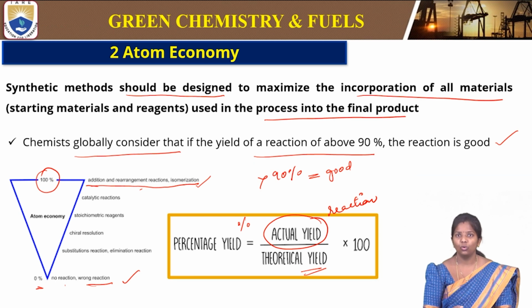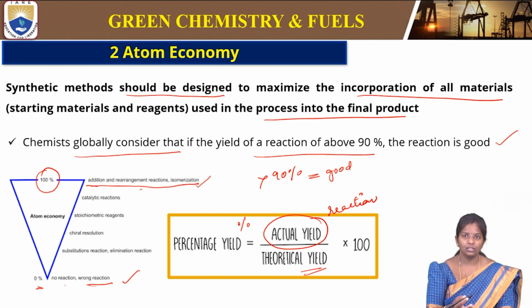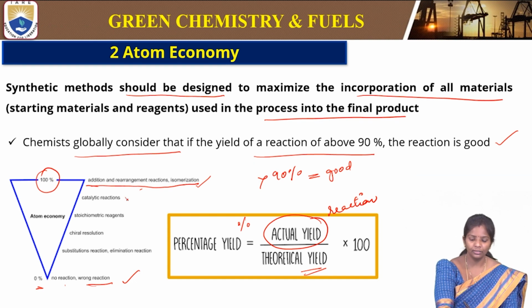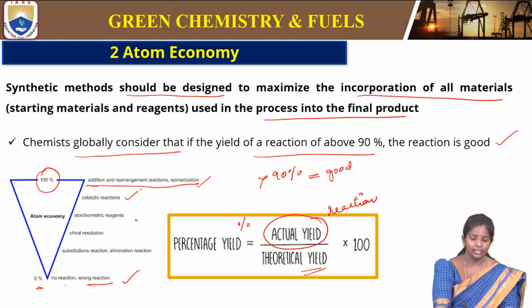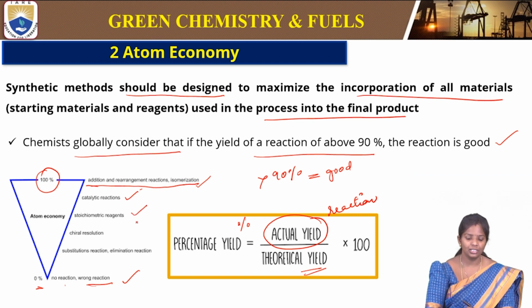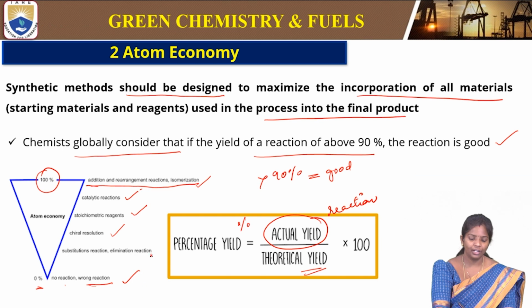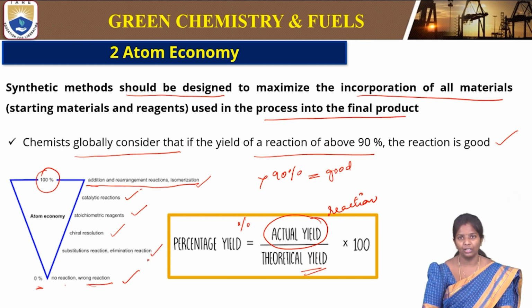Because there are no reactants being eliminated, so there is no loss in the atoms being used. So at the molecular level there is no loss. Then come catalytic reactions, then stoichiometric reagents, then chiral resolution, and finally substitution and elimination reactions.